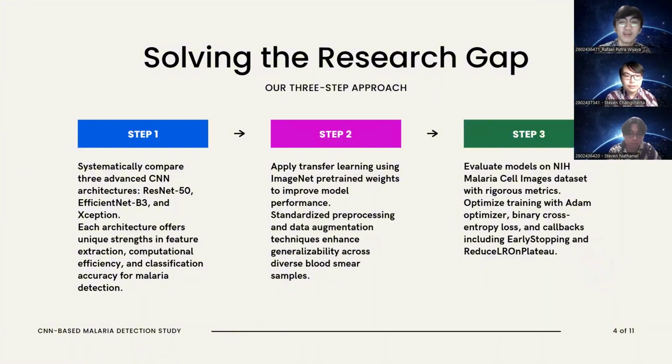In step 2, we apply transfer learning using ImageNet pre-trained weights combined with standardized preprocessing and data augmentation to help the models generalize across diverse blood smear samples. And in the third step, we evaluate everything on the NIH malaria cell image dataset using rigorous metrics, optimizing training with the Adam optimizer, binary cross entropy loss, and callbacks like early stopping and reduce LR on plateau.